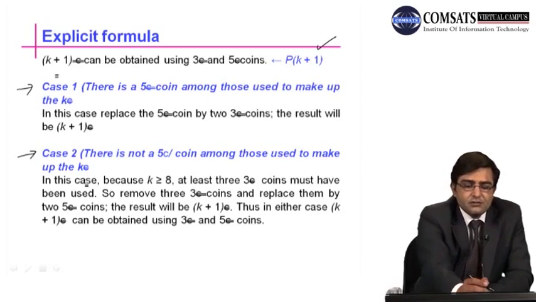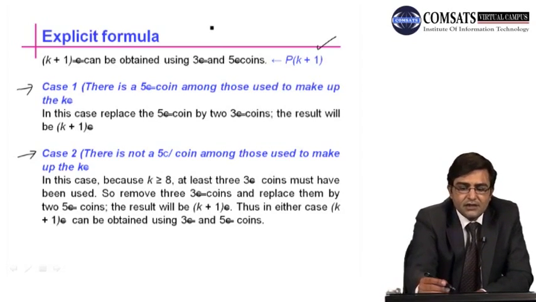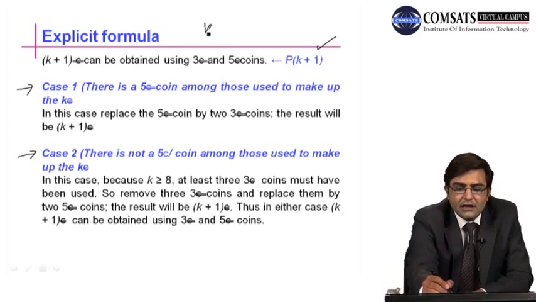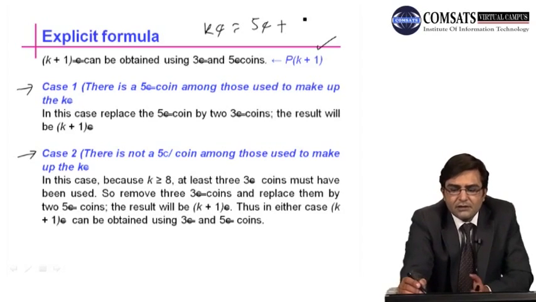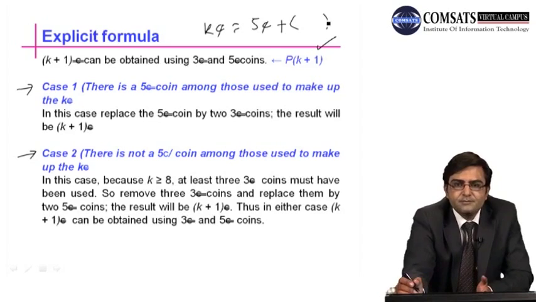If a 5-cent coin is used to obtain k cents, then we can write k cents is equal to 5 cents plus some other cents. We don't know what these are.